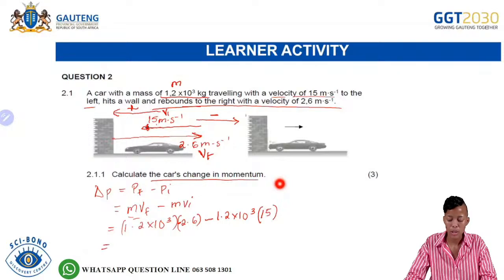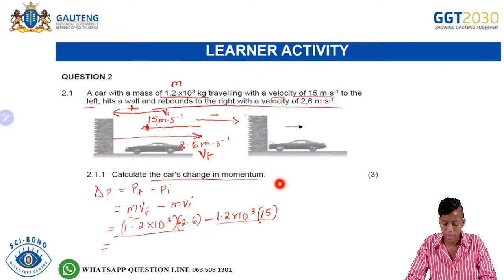So from there, you are going to take your calculator and multiply this. You can either calculate it in portions, or you can put the whole thing into your calculator. I will calculate it in portions.